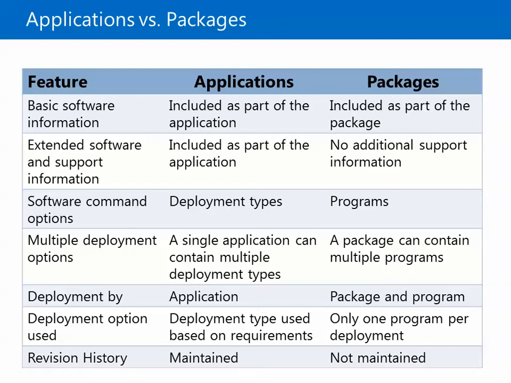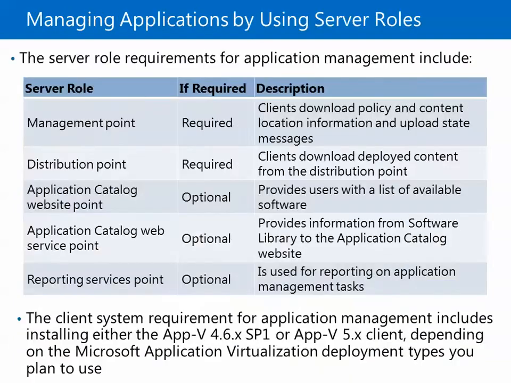Here it's an application, so the deployment type is used based on requirements. Here only one program per deployment. But here we can use requirements and dependencies, all we can add in applications. Clear? Revision history is maintained here. It does not maintain any revision history. Clear? So these are some of the differences between your application and packages.